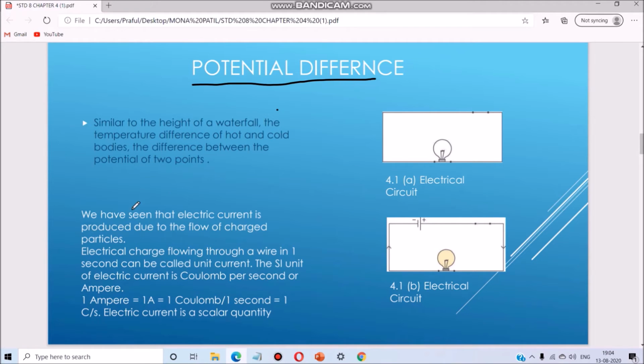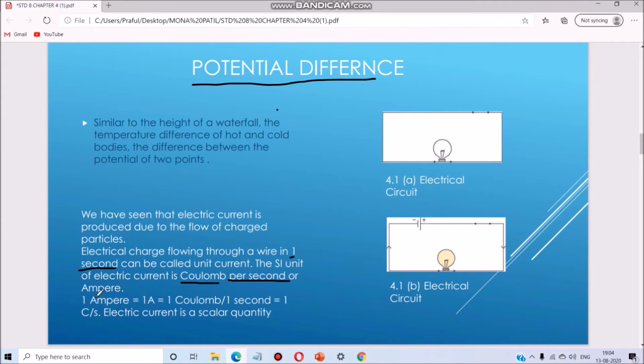We have seen that electric current is produced due to the flow of charged particles. Electrical charge flowing through a wire in 1 second can be called unit current. Again, listen, 1 second. So the SI unit of electric current is coulomb per second, or ampere.